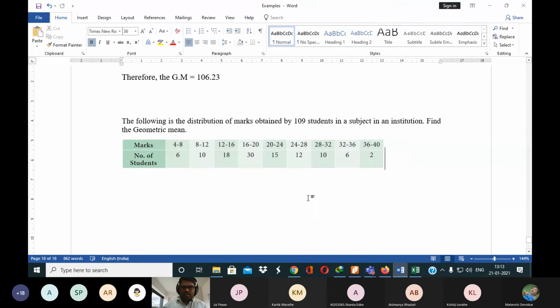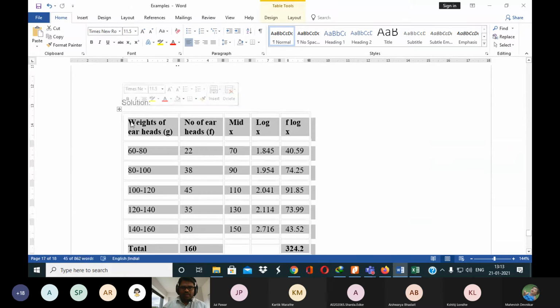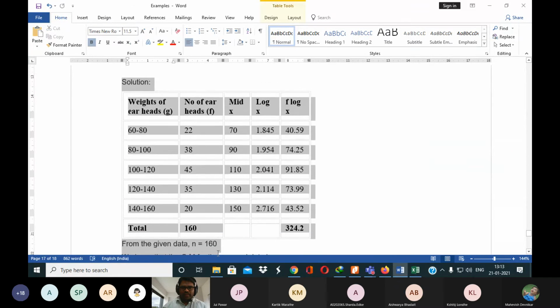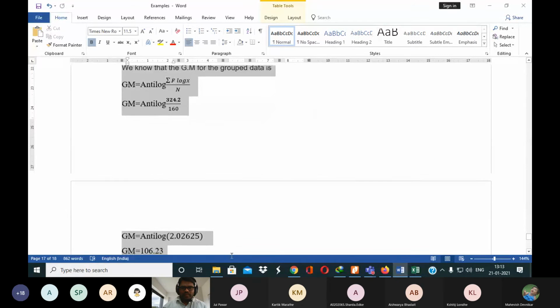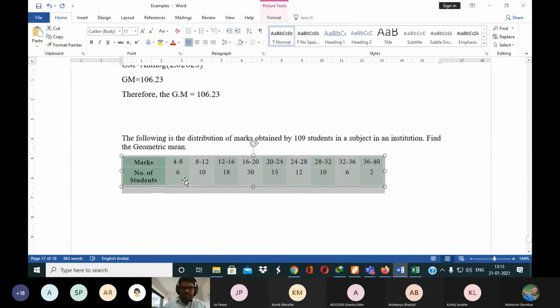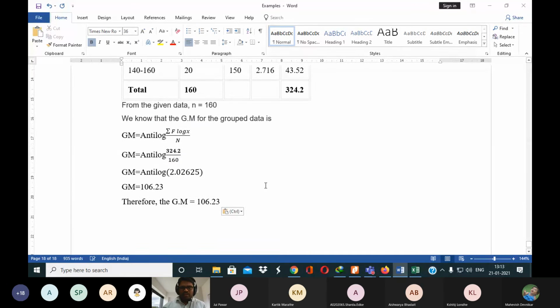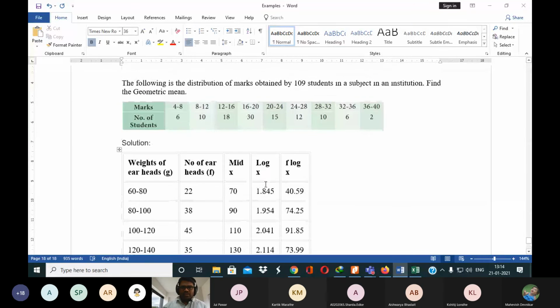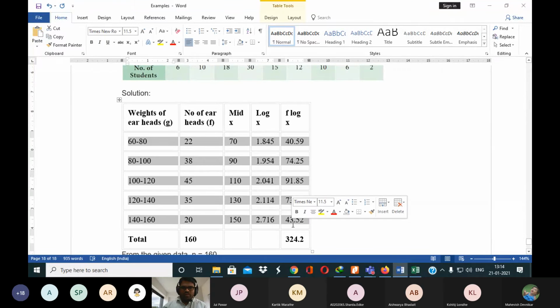First you need to convert all these items into a proper table. I will also try to solve it simultaneously, but it is expected that you solve this problem by yourself.